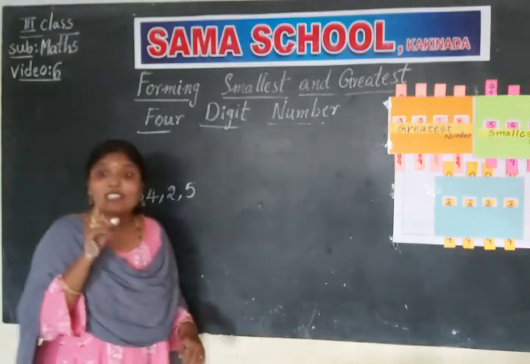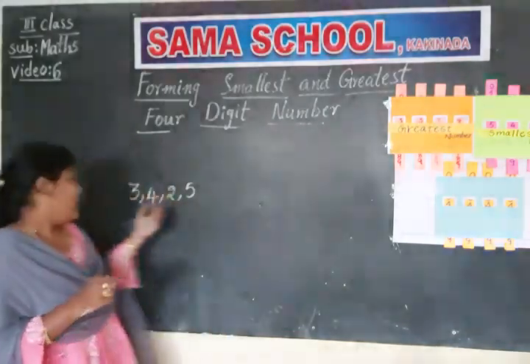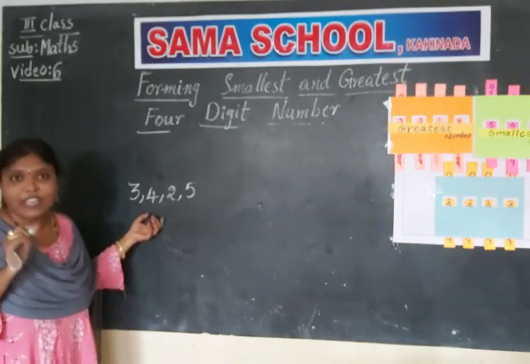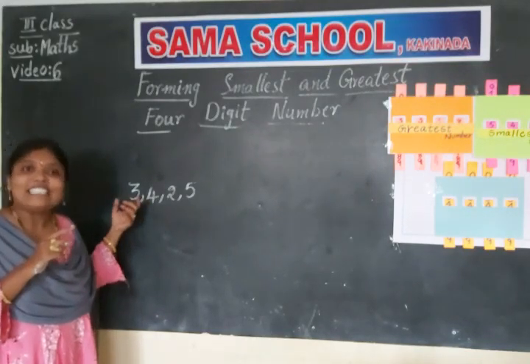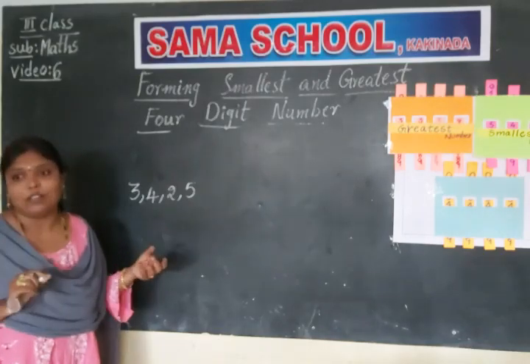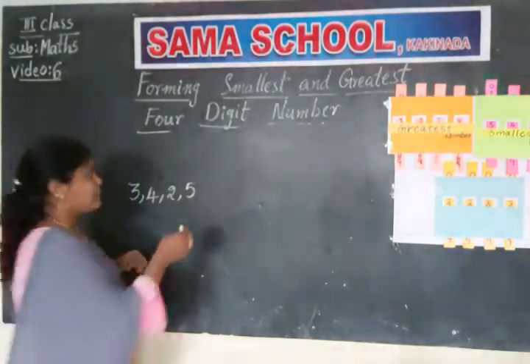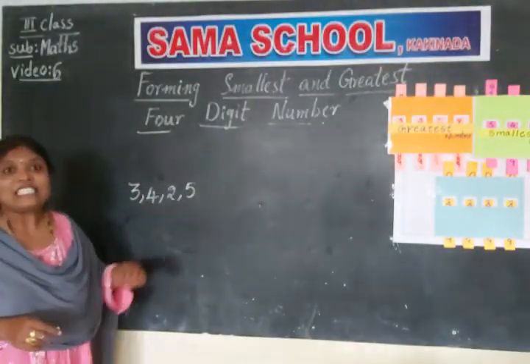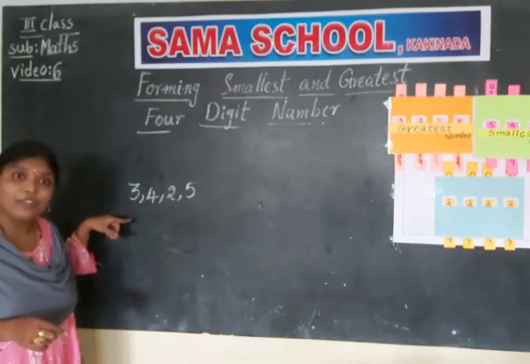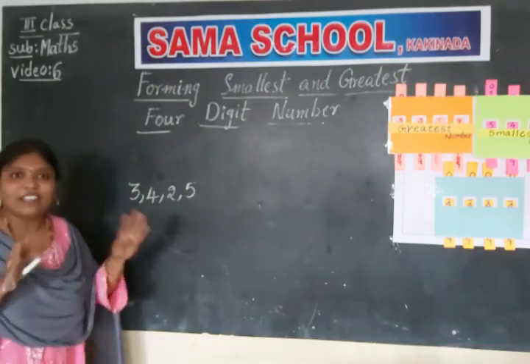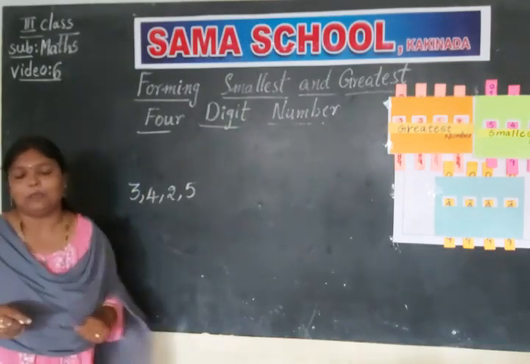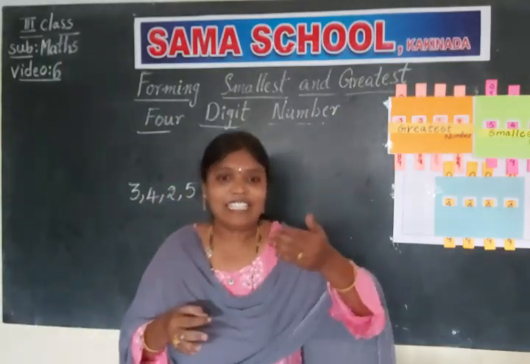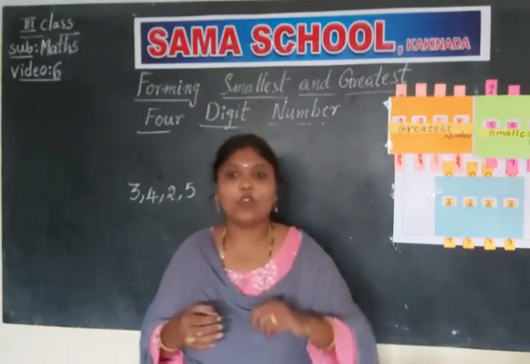So you have to understand the question properly. If you see a comma after every number, you should understand that these are digits, not a bigger number. For example, I wrote 3, 4, 2, 5. Since there is a comma after every number, these are separate digits. It is not a bigger number. Now, my question is to frame the greatest and smallest 4-digit numbers.